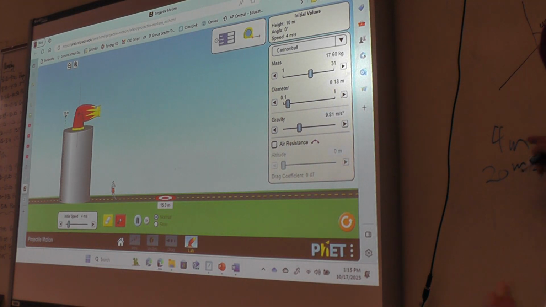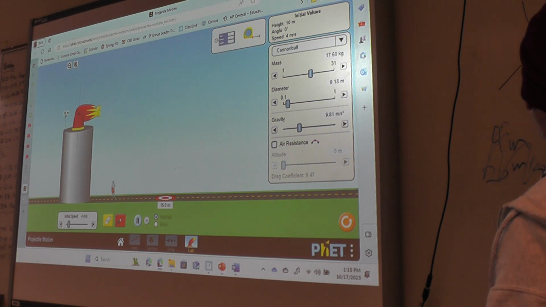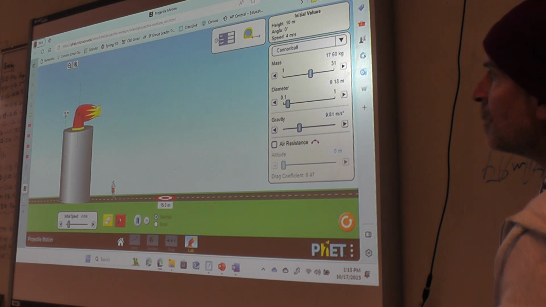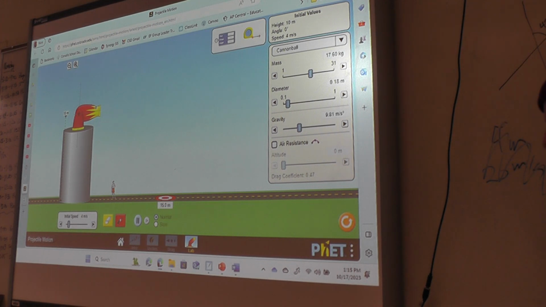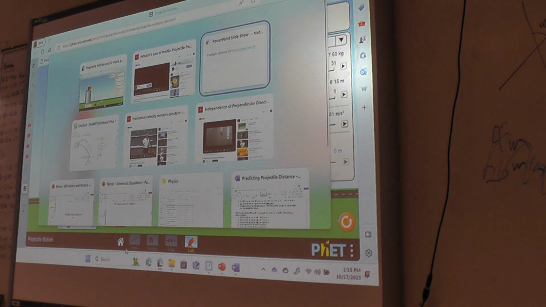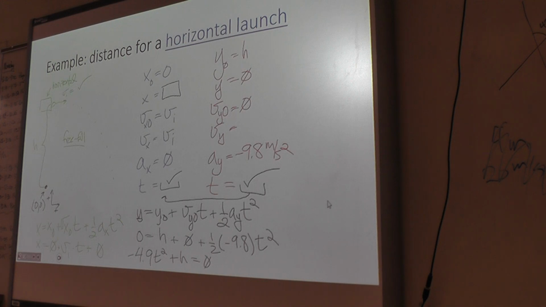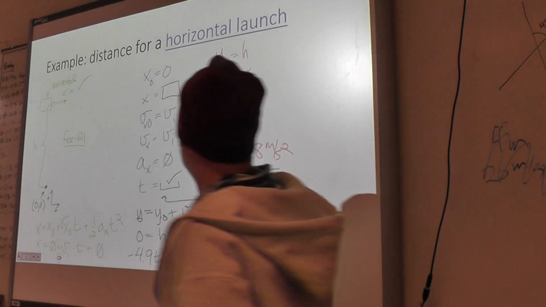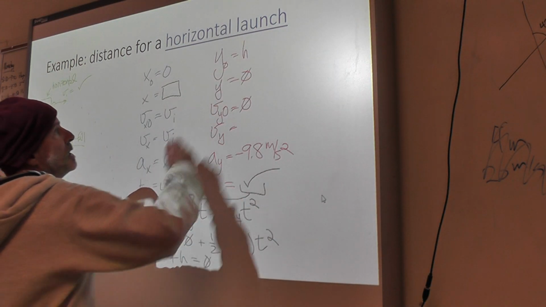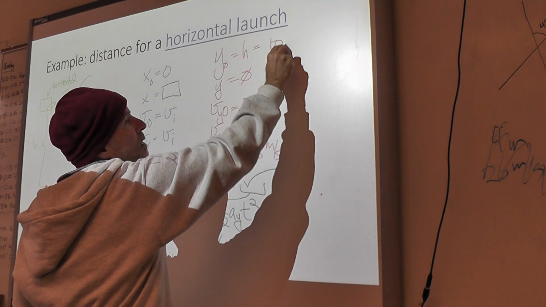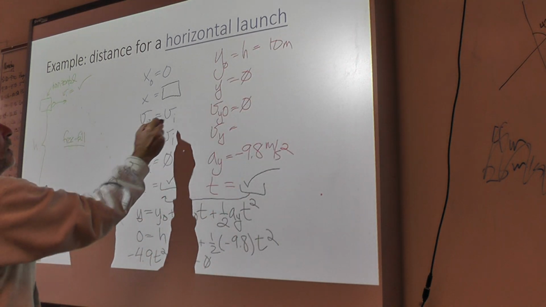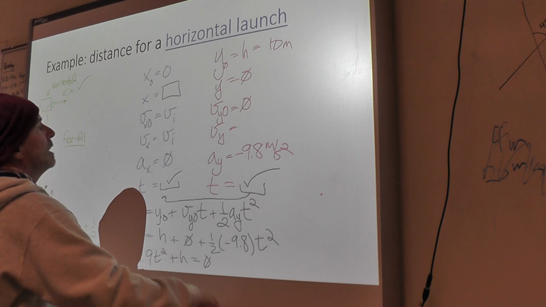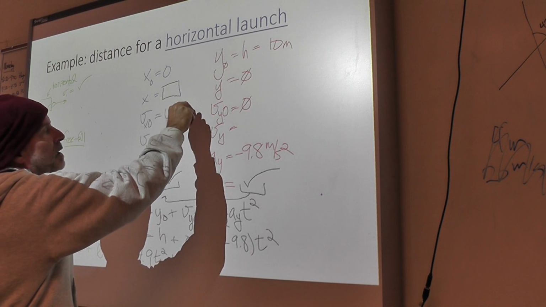So we've got 4 meters per second. 4 meters per second is our initial speed. 10 meters is our launch height. Okay? So if we go back to here, we now know that our initial height is 10 meters, and our horizontal speed is 4 meters per second.